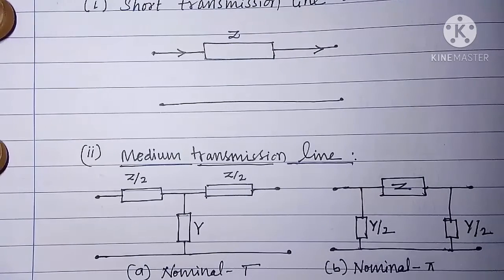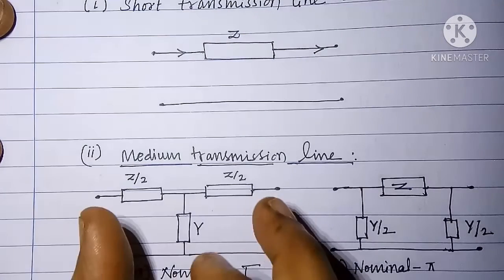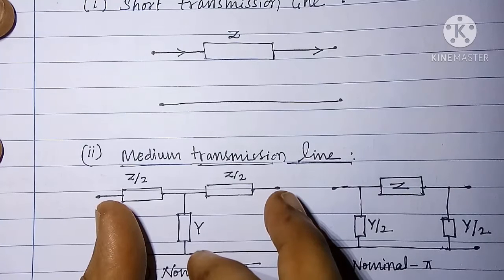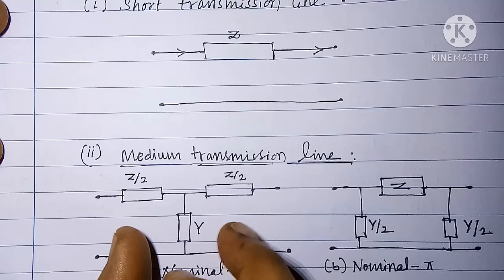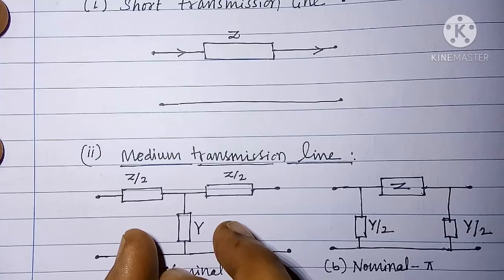In a nominal T network, you can see the total impedance, that is inductive and resistive impedance, is divided into two equal parts, and the distributed capacitance is lumped and considered as single capacitance at the center or at the middle of the transmission line.